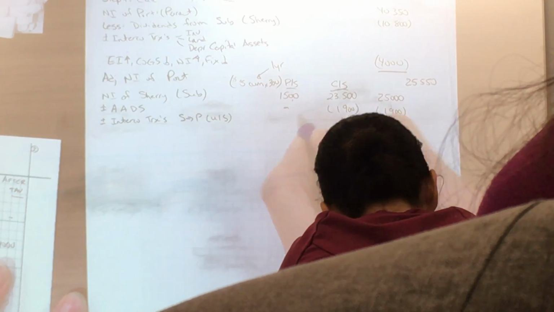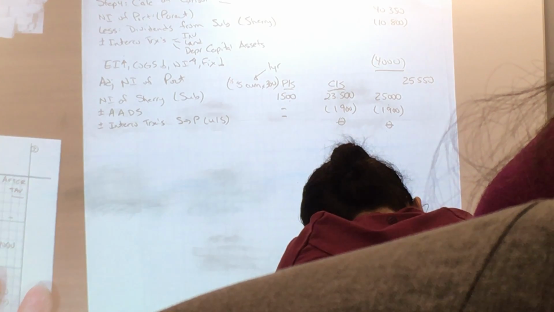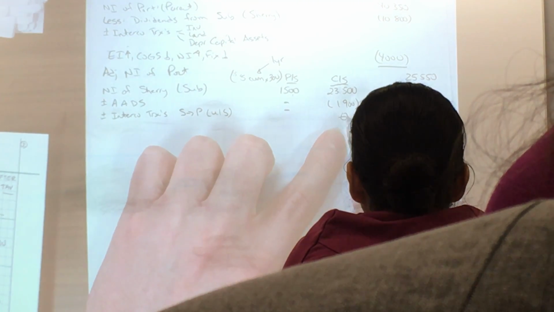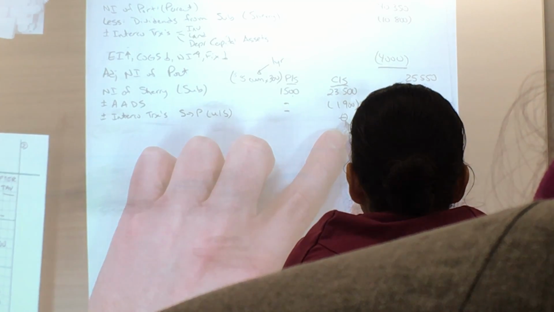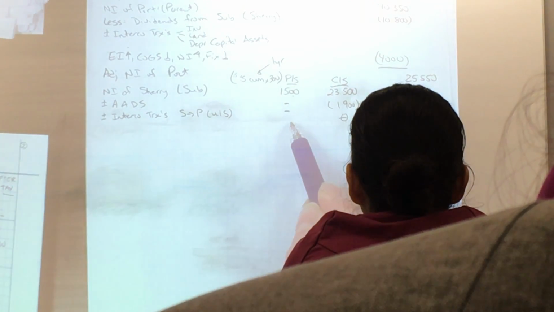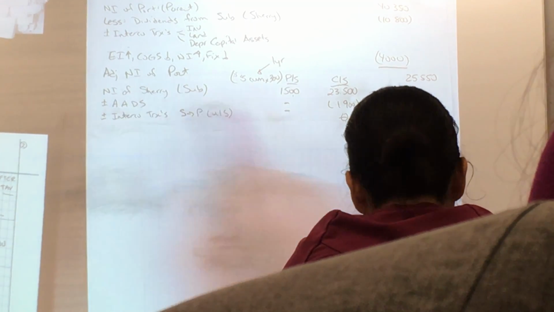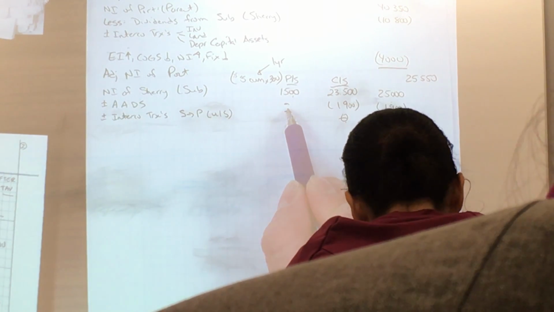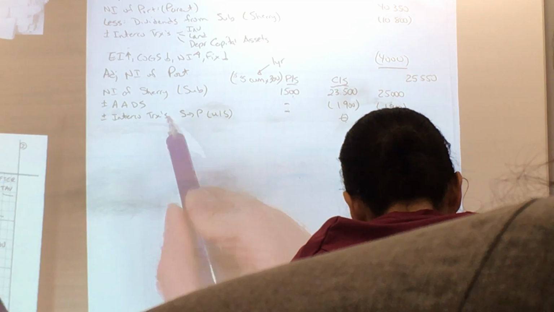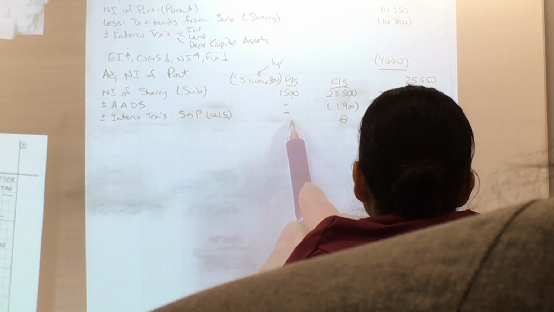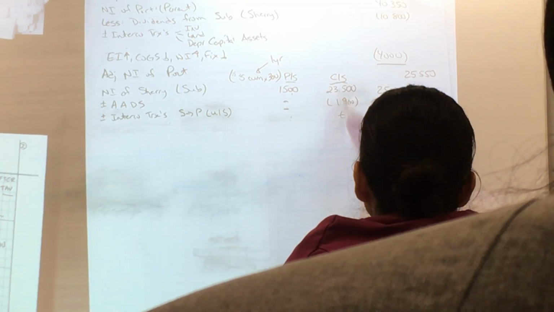It's only the common, never the preferred. So I put a 0 here to reinforce the fact that a dollar amount would go here, but the dash indicating it will never go to preferred. So the amortization never goes to the preferred. The intercompany transactions, inventory, land, depreciable capital assets, will never go to the preferred. Only to the common. So far, so good?